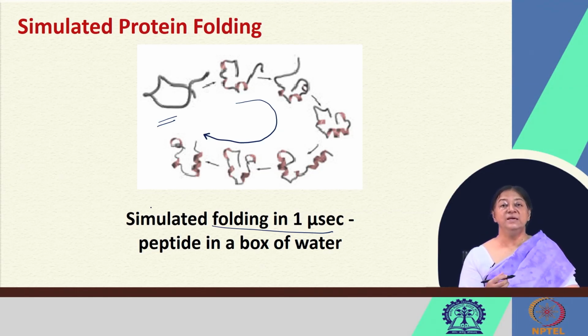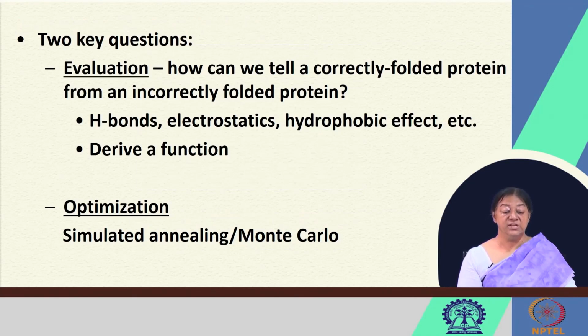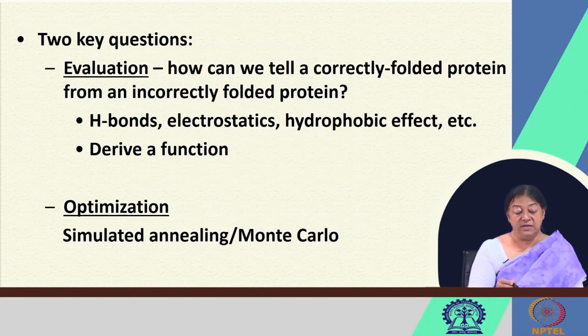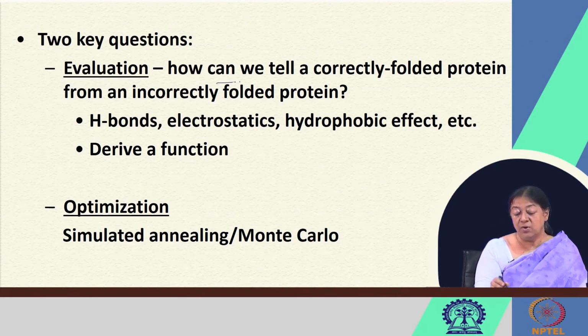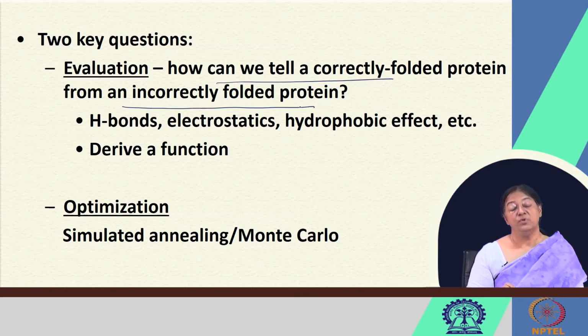So, the whole idea is that we have our polypeptide chain, we want to get to a final folded structure, because that is the aim here, because that structure and the stability associated with the structure is going to finally answer our 2 key questions. The evaluation is, how can we tell a correctly folded structure from an incorrectly folded protein.